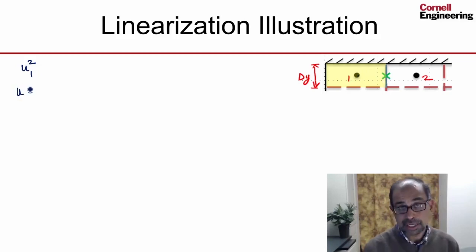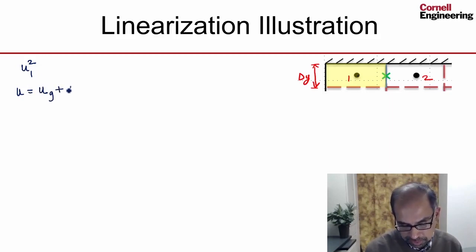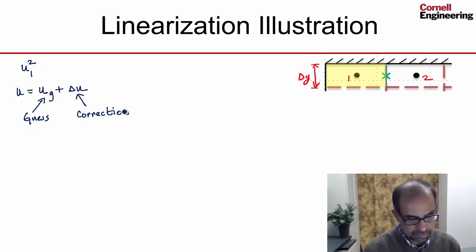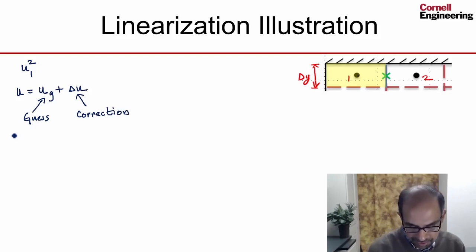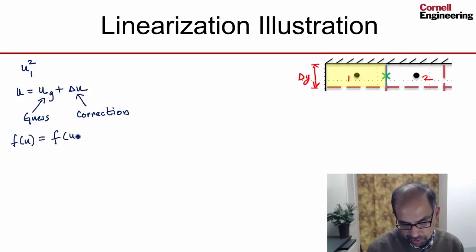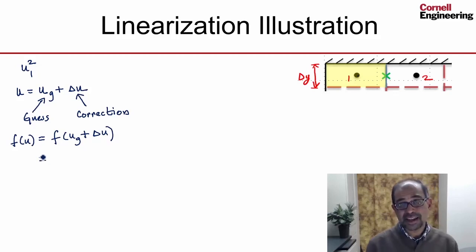U at any location I can split into a guess value plus a correction. So that's a guess. That's a correction. And if I had a function of u, I can write that as a function of u guess plus the correction, and expand that in a Taylor series.